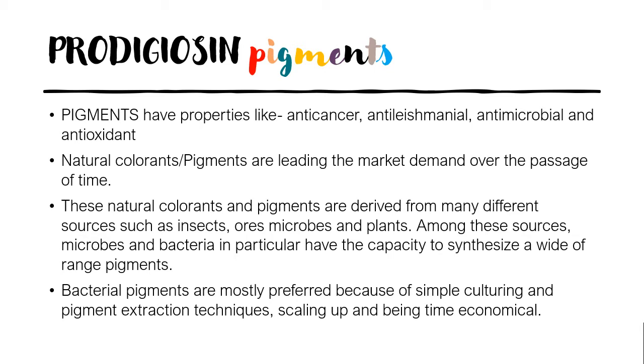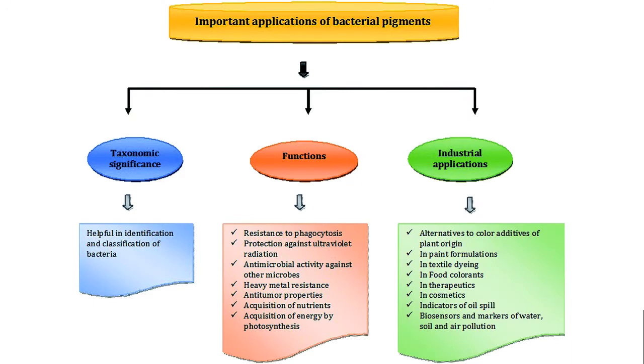Among these sources, microbes and bacteria in particular have the capacity to synthesize a wide range of pigments. Why? Because of simple culturing techniques, pigment extraction techniques, scaling up and being time economical. Microbes are used widely, and one example is Serratia marcescens, right?